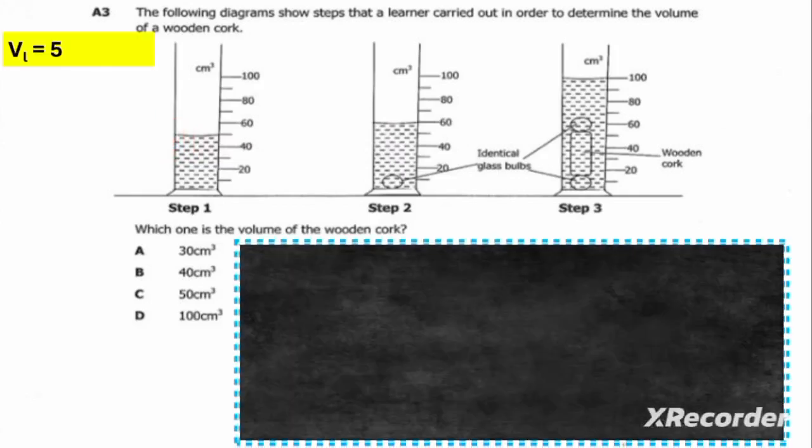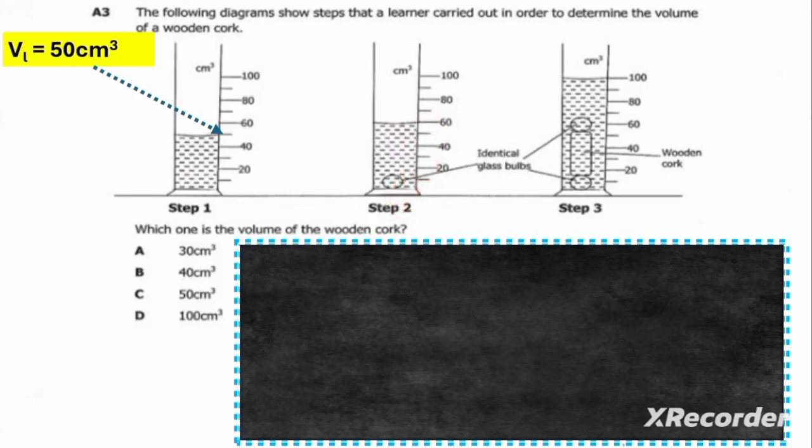According to the beaker given here, the volume of the liquid is 50 cubic centimeters. We can see 40, we can see 60, so between 40 and 60, we have 50. After immersing the bulb, the liquid rose from 50 to 60.